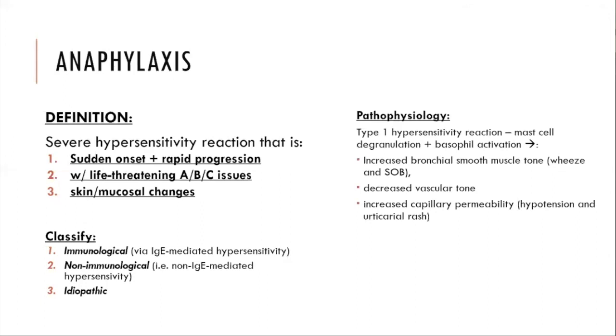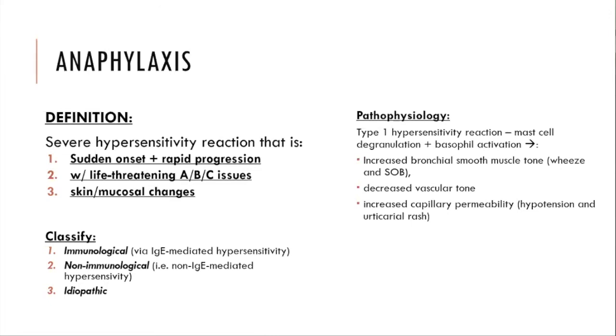Pathophysiology, we touched on, but it's a type 1 hypersensitivity reaction with mast cell degranulation and basophil activation. So 3 main areas that this has an impact on: first, it increases the bronchial smooth muscle tone, so you get bronchospasm, which causes the wheeze, the shortness of breath, the feeling of not being able to breathe.